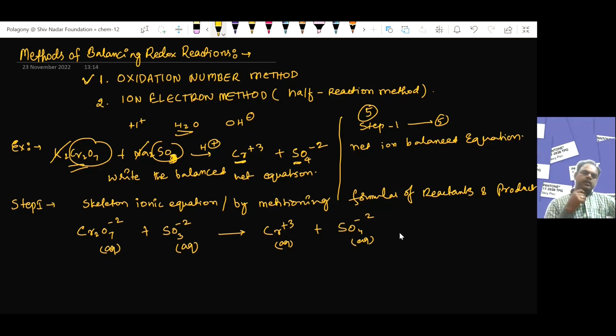This is the skeleton ionic equation, mentioned with the correct formulas. Once we get step one, the correct formulas of reactant species and product species, we should go for step 2.